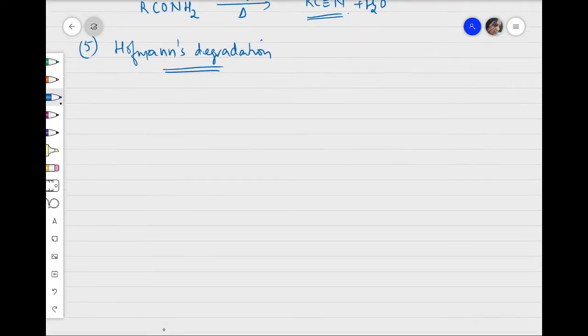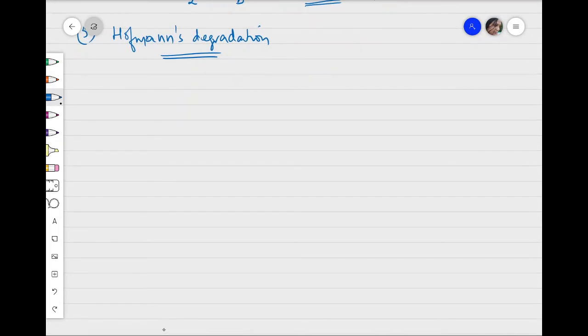Okay, so this is a typical reaction. As soon as we hear Hoffman degradation, we immediately think of bromine and NaOH, or bromine and KOH, you can take either one. This is our reaction.